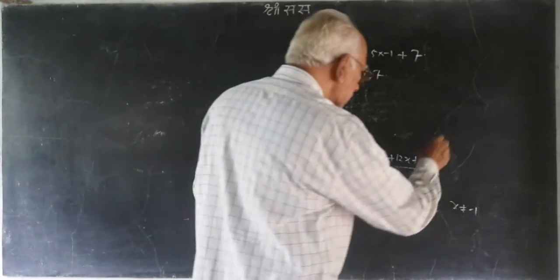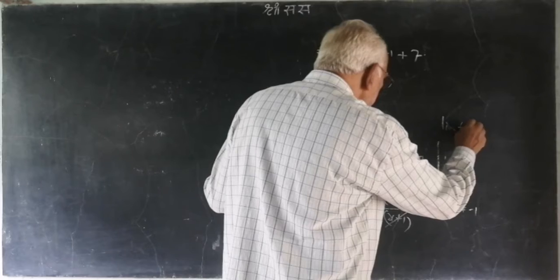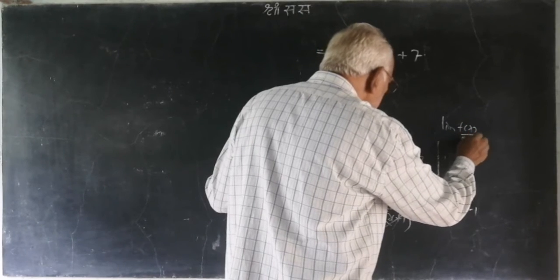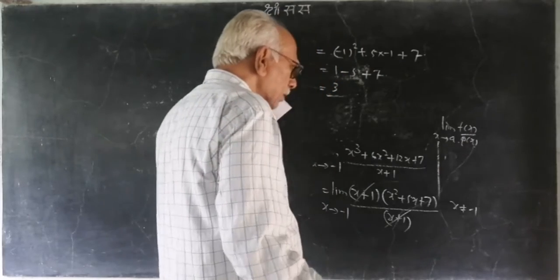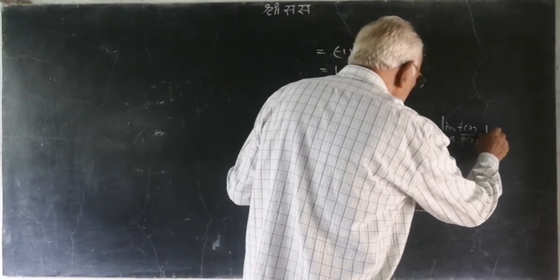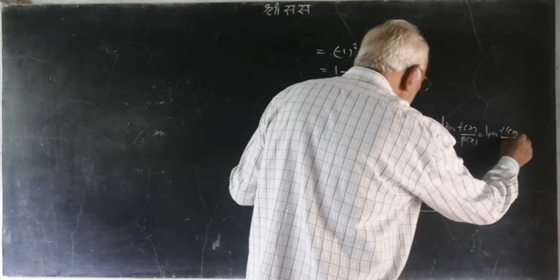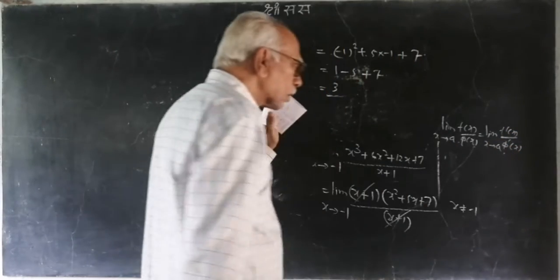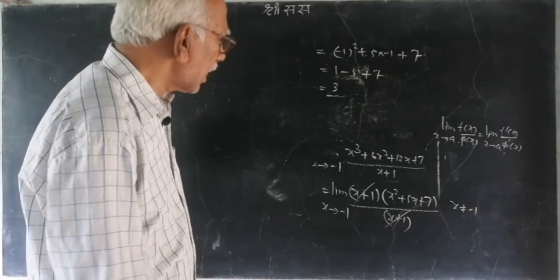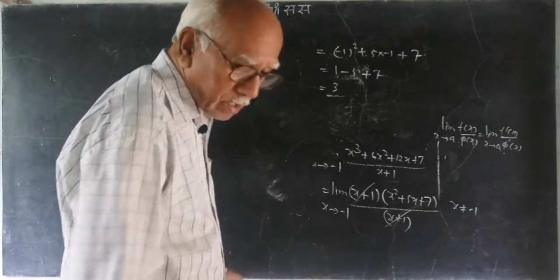See what it implies? Limit of f(x) upon phi(x) as x tends to a is also equal to limit of f dash x upon phi dash x as x tends to a.